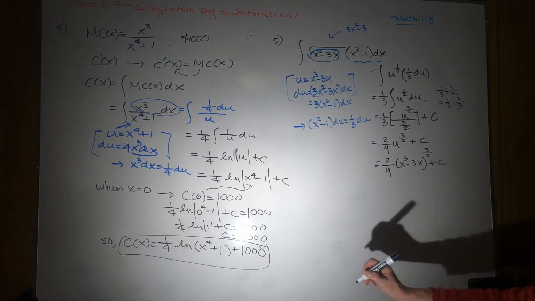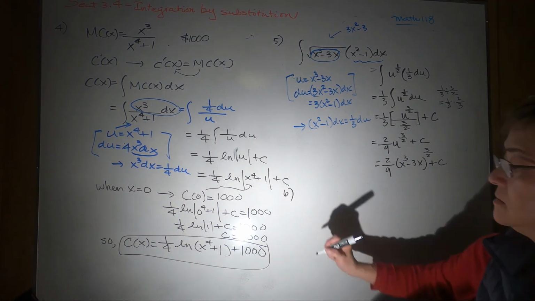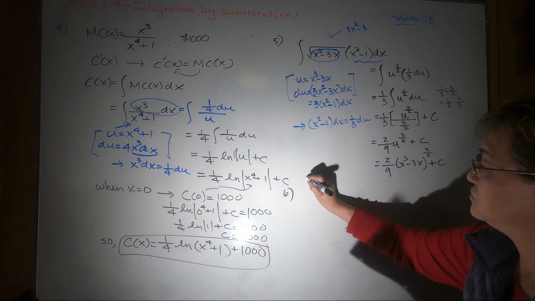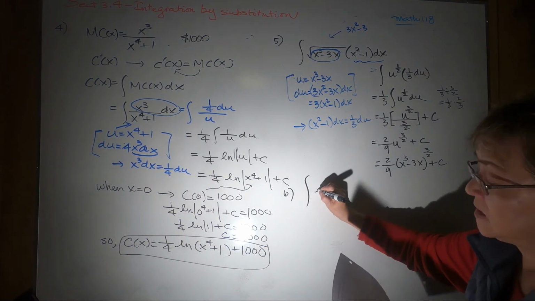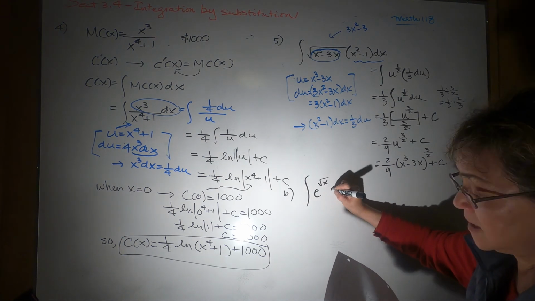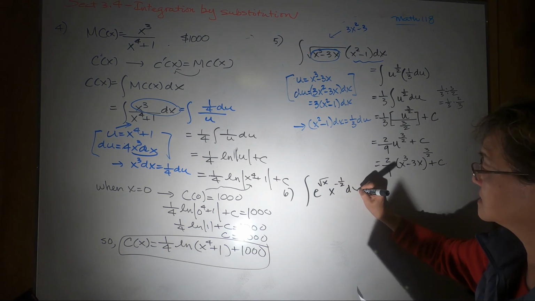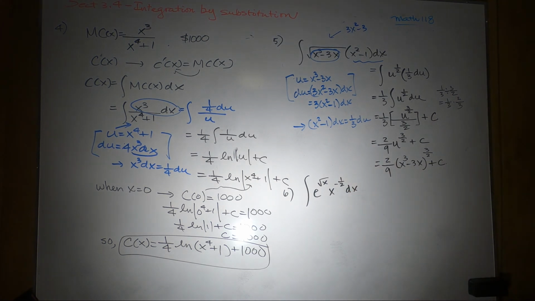Okay, let's check next one on your page 84. So to evaluate this, e to the square root of x, x to the half, and dx. So you take a look.